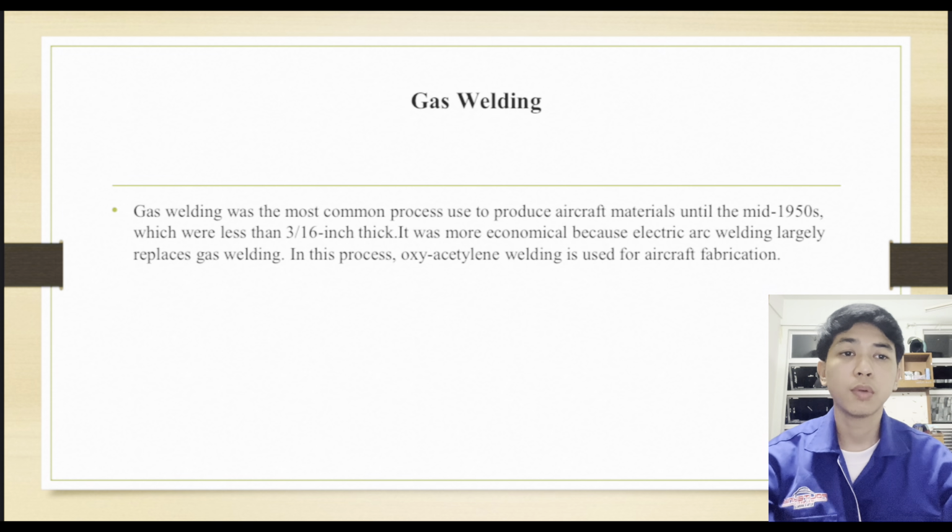Gas welding was the most common process used to produce aircraft materials until the mid 1950s, which were less than 3/16 inch thick. It was more economical because electric arc welding largely replaced gas welding. In this process, oxyacetylene welding is used for aircraft fabrication.